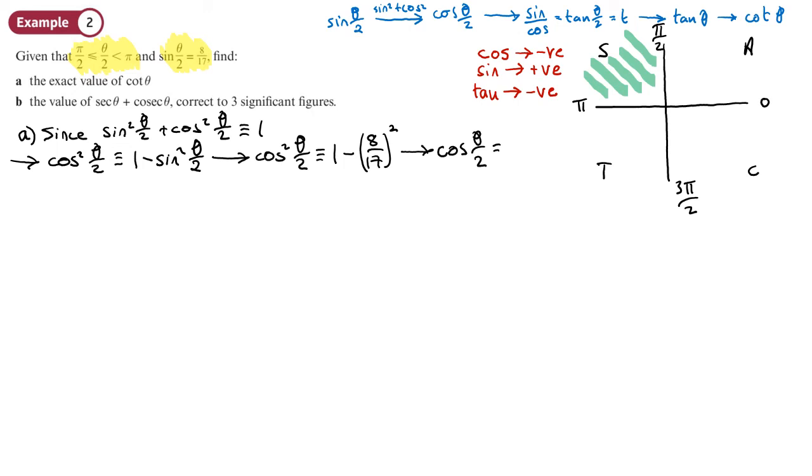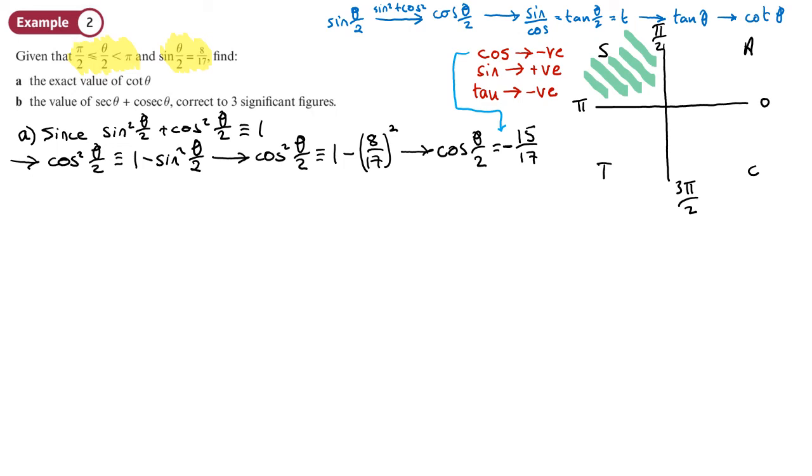Now, what did we say from before? That cos is negative. So we need to put a minus sign here. And I suppose when we square rooted to get that, it could have been plus or minus, but the CAST diagram tells us it's got to be negative.